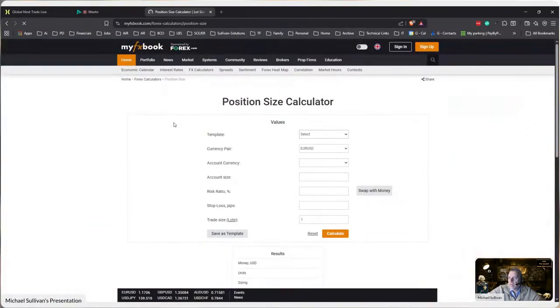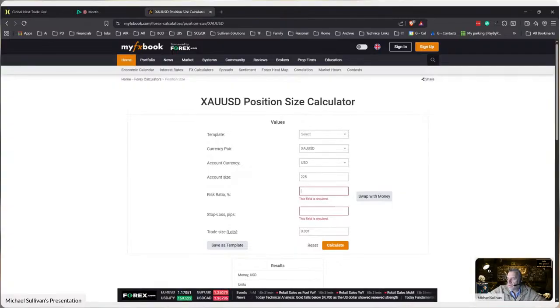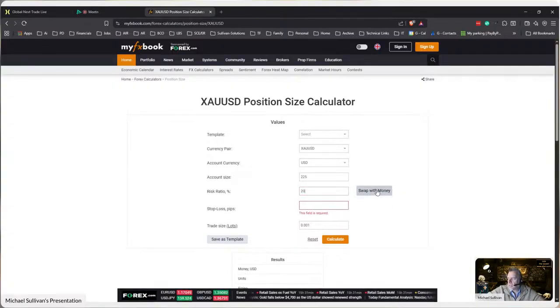Yeah. All right. So we're going to do, actually, this might not show me gold. I forget if it does. It does. XAU USD. Account size, $225. Risk ratio of, let's see. Let's sell at 20%. Swap with money. Actually, this would have been good.